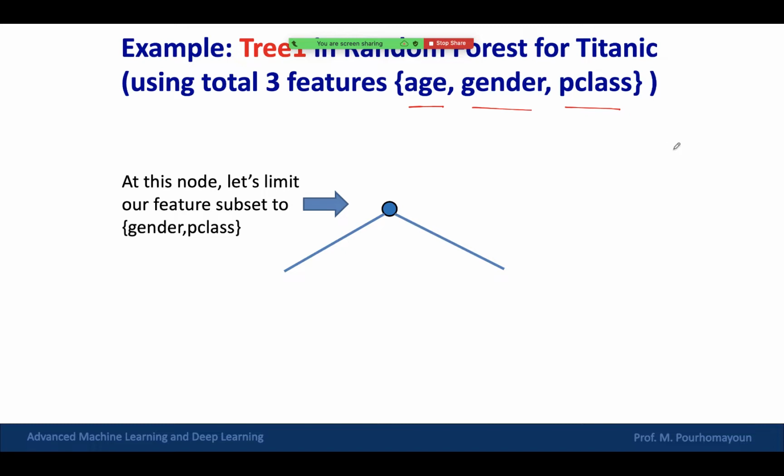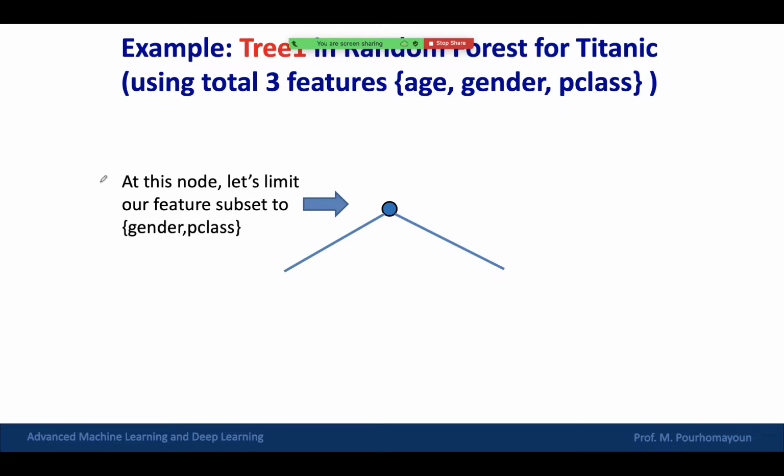So if we just use a decision tree classifier, it always selects the best feature of these 3, which is, let's say, age, and always puts it on the top of the tree. So no matter how many trees I train, if I train 10 different trees, age is always the best one. So all of those trees will put age on top of the tree. So the structure of those trees will be the same.